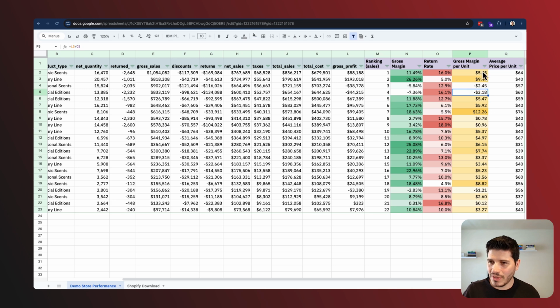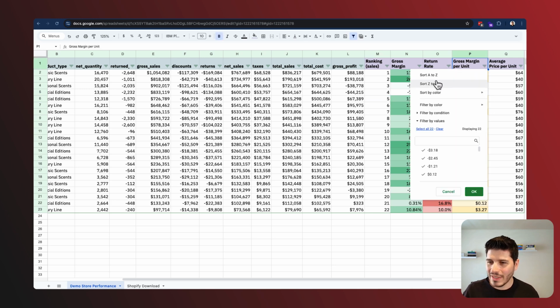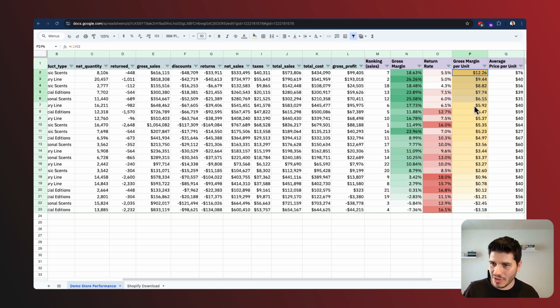So let's do an interesting exercise. Let's actually sort this data by gross margin. These are the products that are making the most money for the business. And we can see that the one with the higher margin is number 7, which we could potentially push and promote more explicitly. And number 2 is very positive for the business. These I wouldn't probably focus on because they're really far below in the ranking.